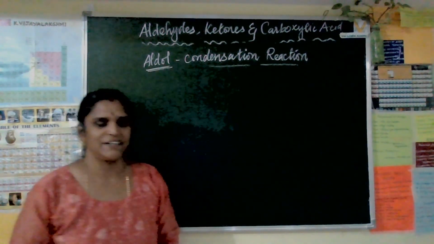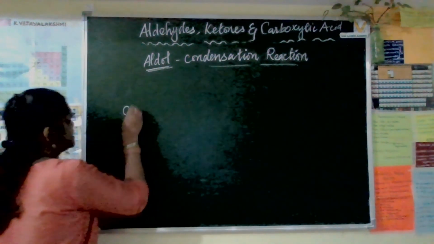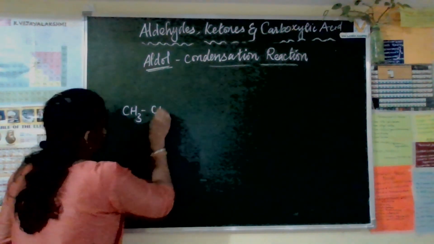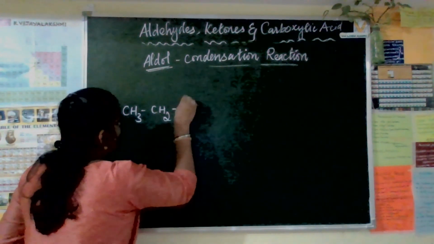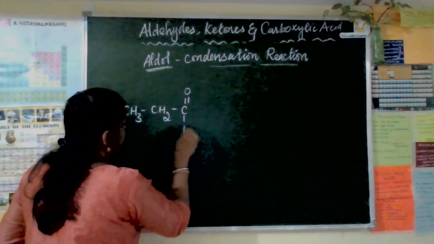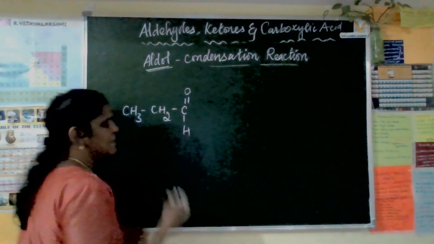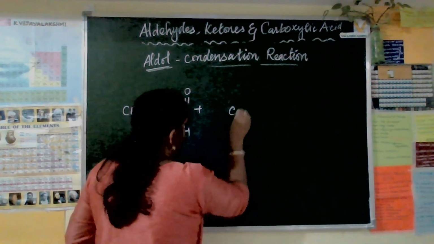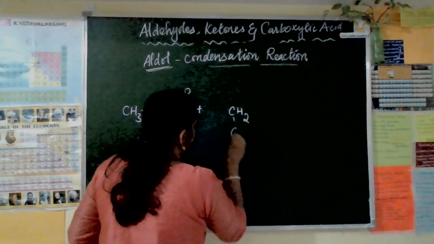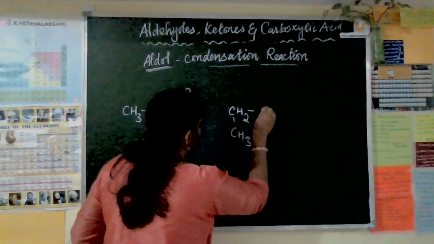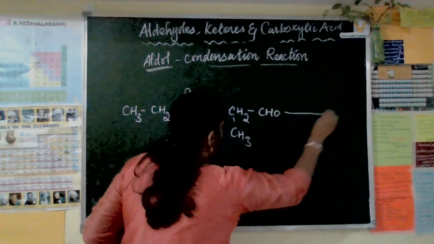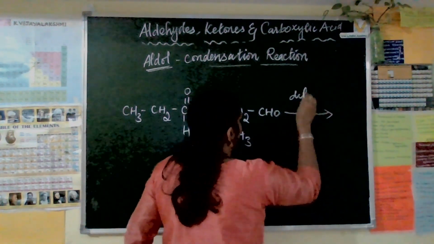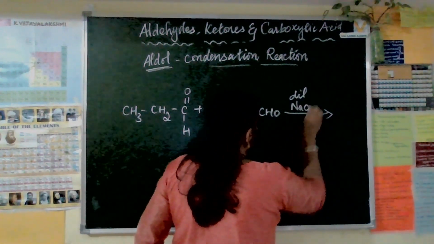Now this is CH3CH2CHO, 1, 2, 3, that is propanaldehyde, combined with again CH3CH2CHO in the presence of dilute NaOH.